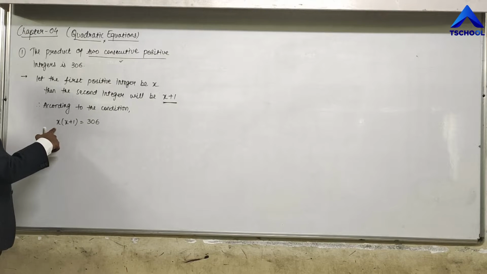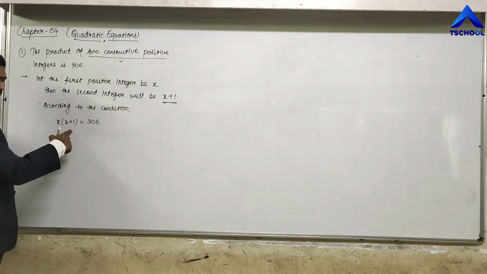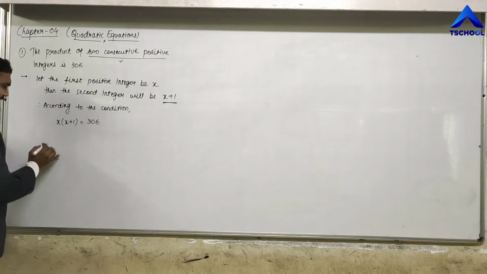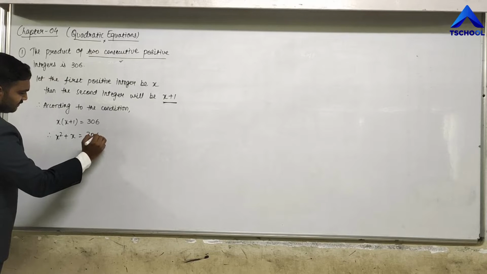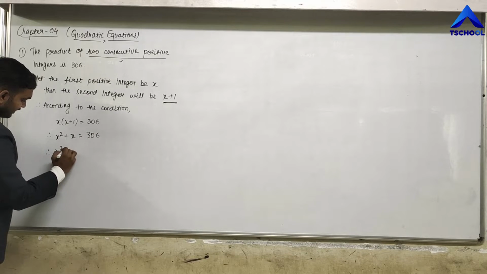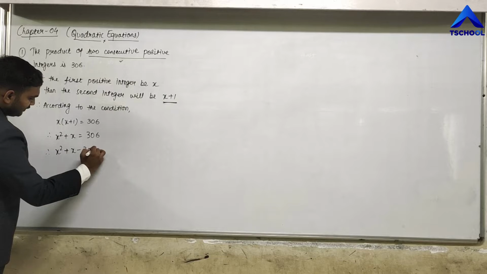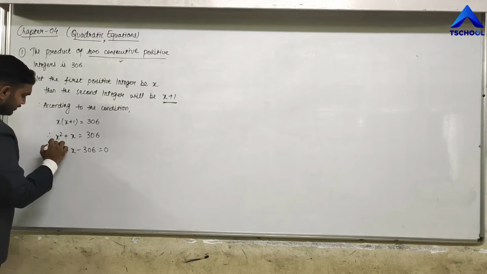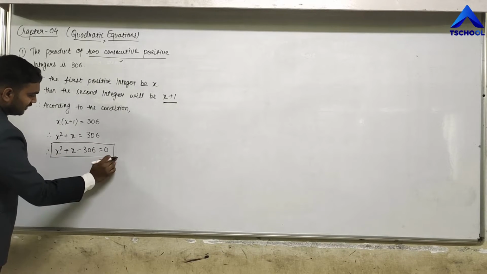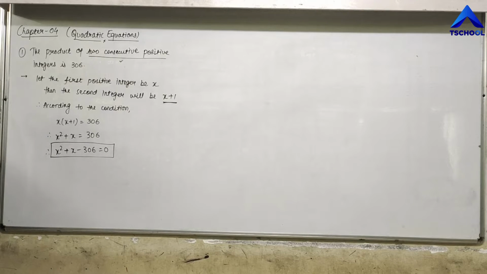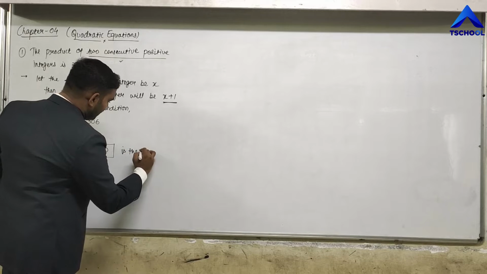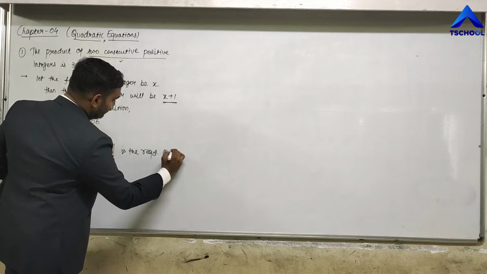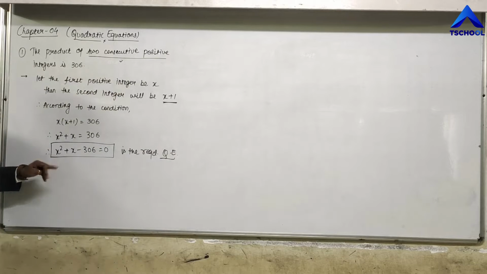That means the first number and the second number have a product of 306, therefore x square plus x is equal to 306 and hence x square plus x minus 306 is equal to 0. Right, so that is how a quadratic equation is formed here. So this is our required quadratic equation, x square plus x minus 306 equals 0.